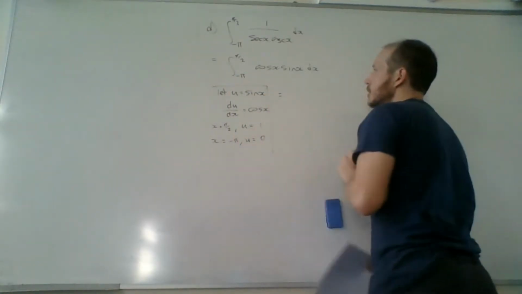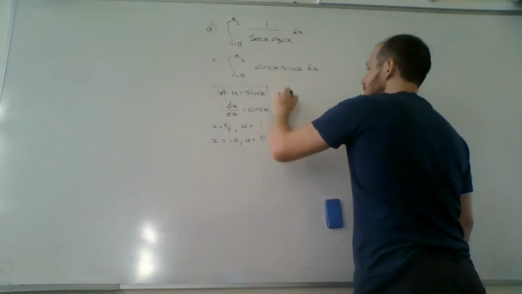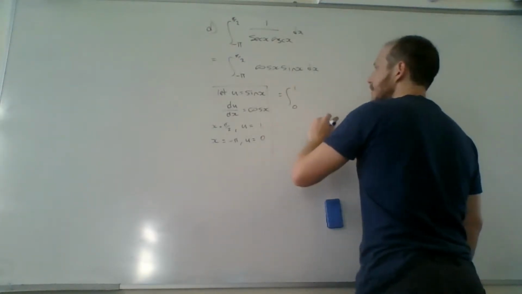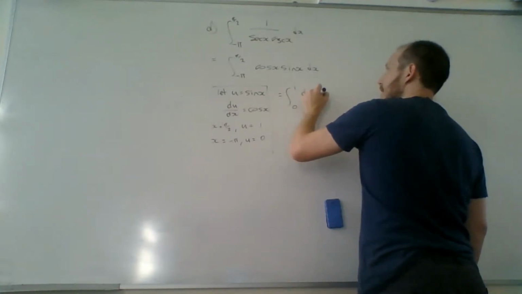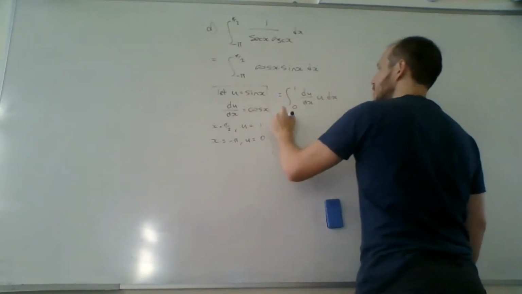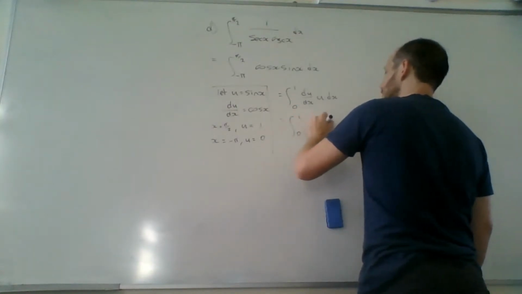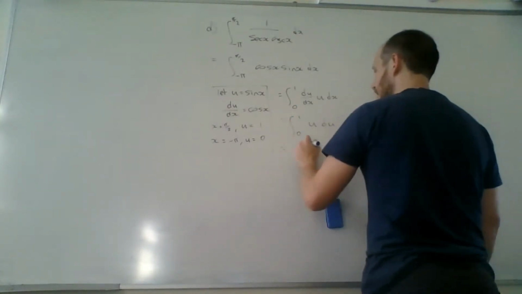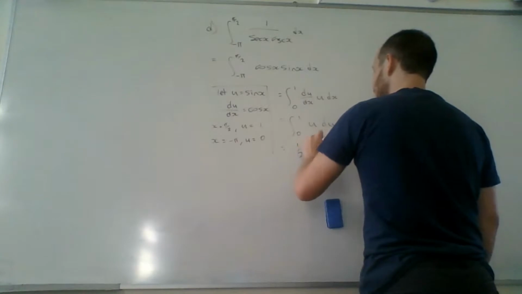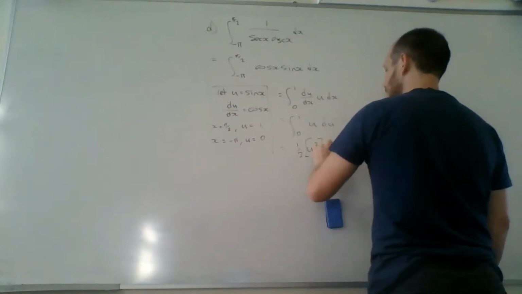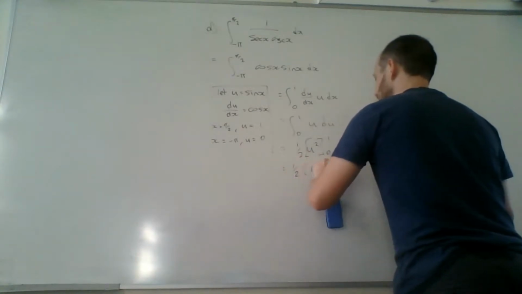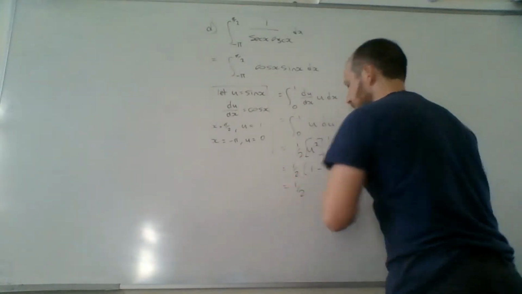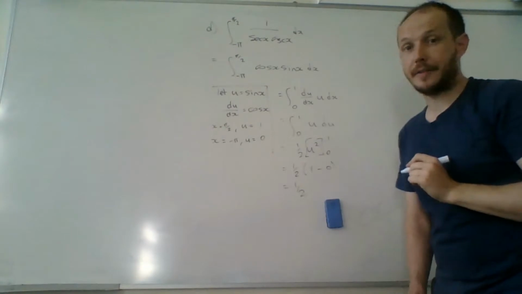So this integral now becomes the integral from 0 to 1 of du dx times u dx, which is just the integral from 0 to 1 of u du. So this will be 1/2 u squared from 0 to 1, which will be 1/2 of 1 take 0, which will give us 1/2.